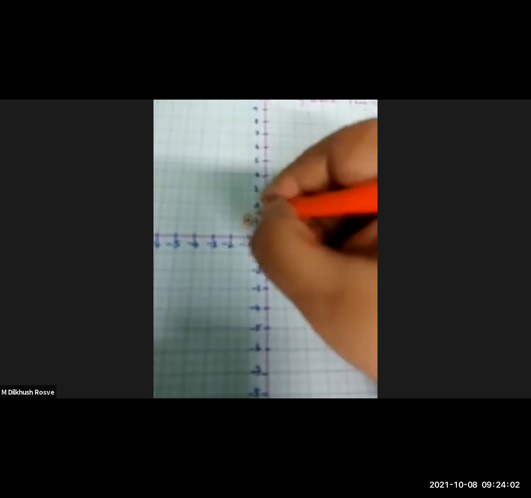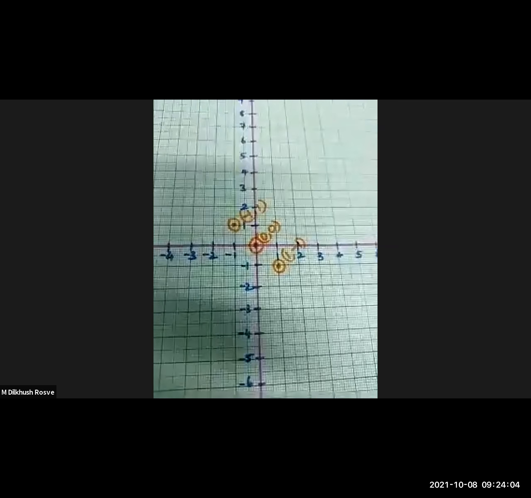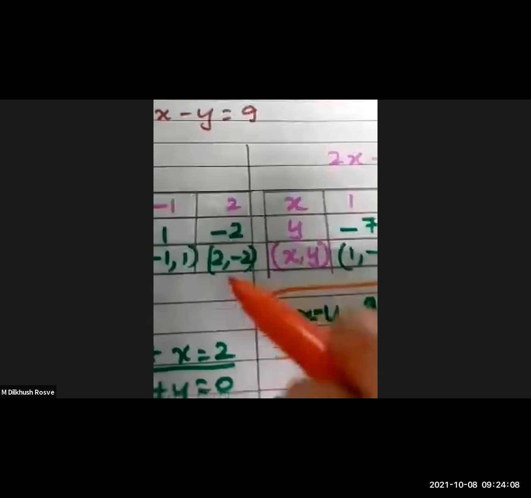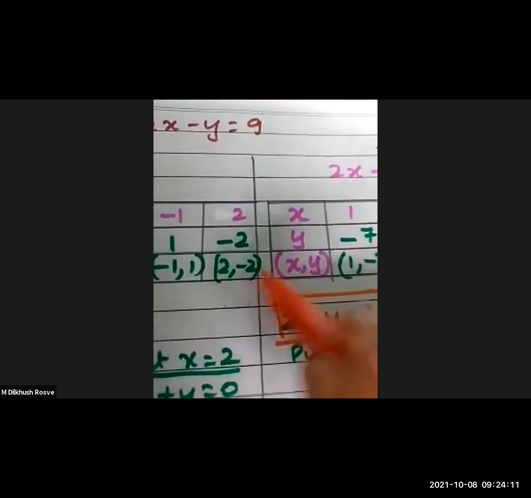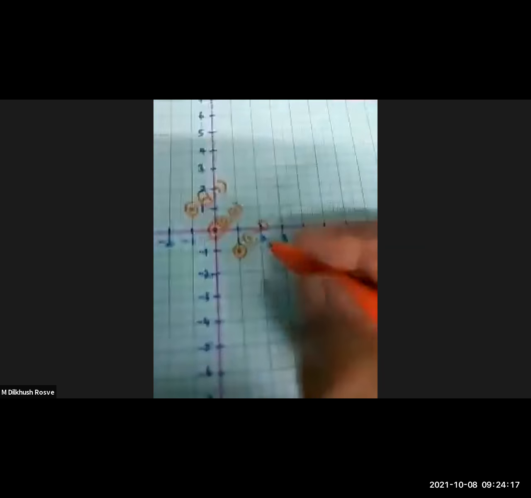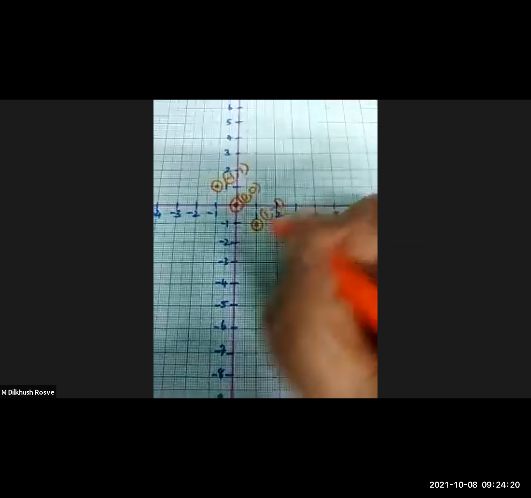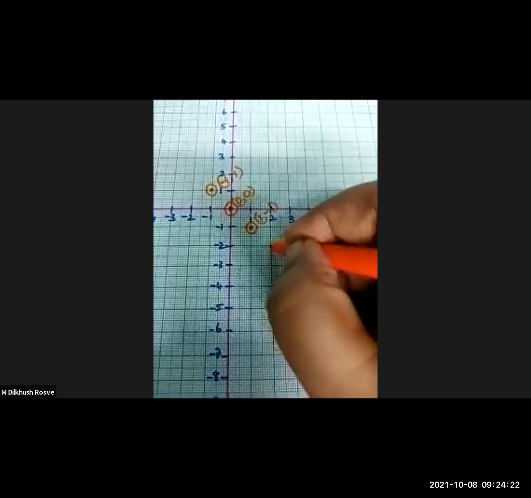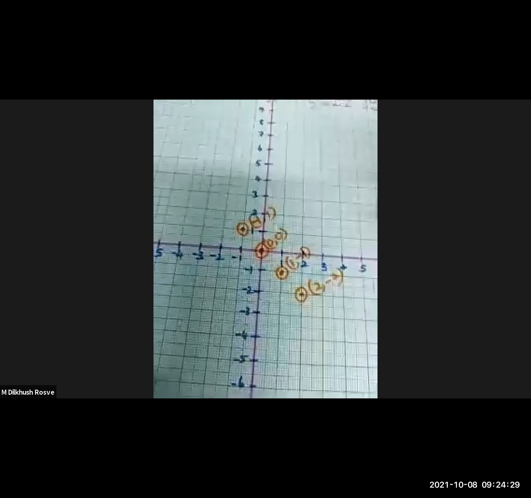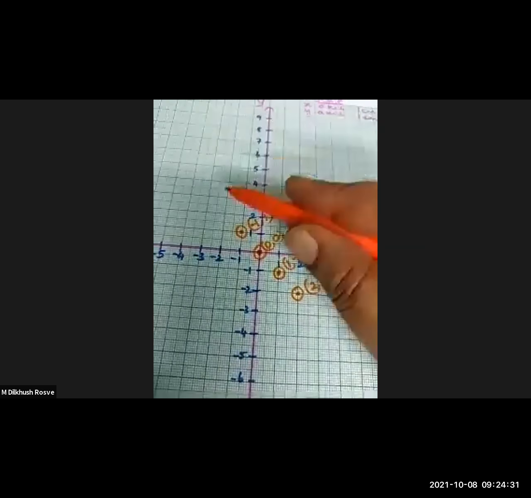Understood? Now, what is the last one? 2 comma minus 2. Here 2 is there, here minus 2 is there. So you will get over here. Now you see, all the 4 points you got. These points are collinear points, so you can draw the line there. Okay, 1 minute.